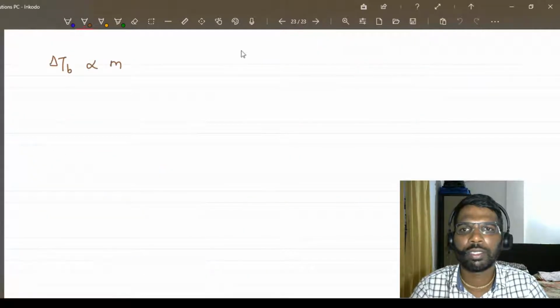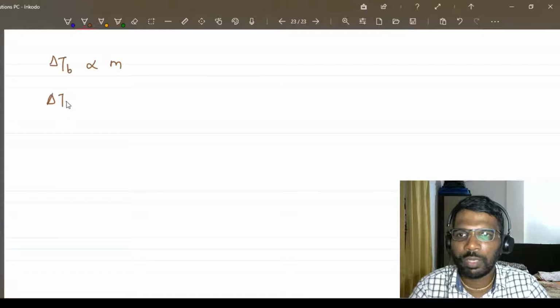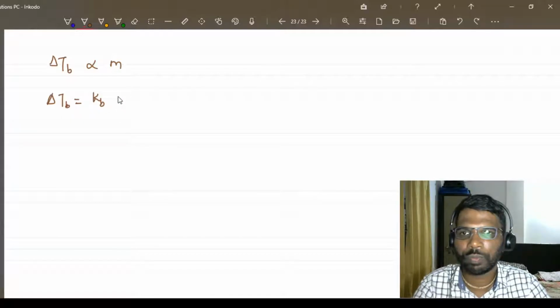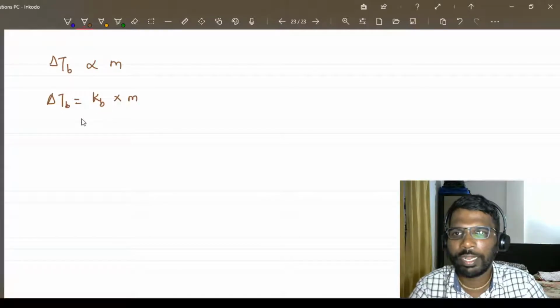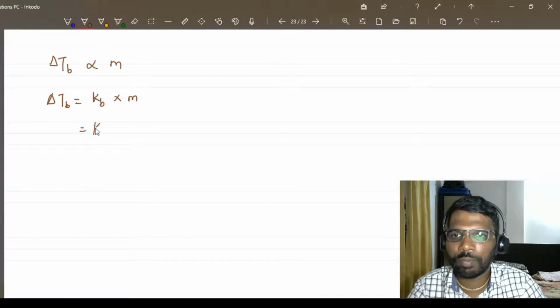So delta TB is equal to Kb into molality. Now what is molality? Molality is equal to the number of moles of solute, let's say solute is B, upon weight of solvent in kg.